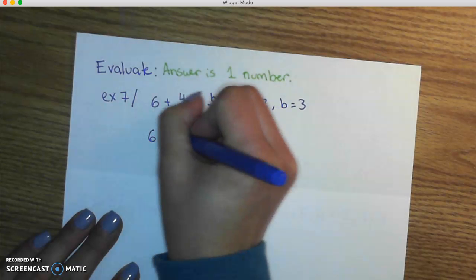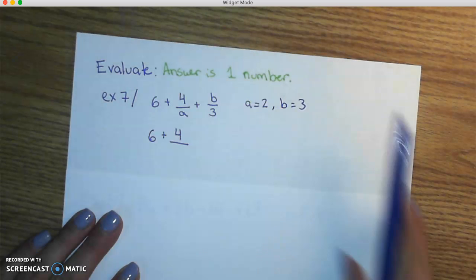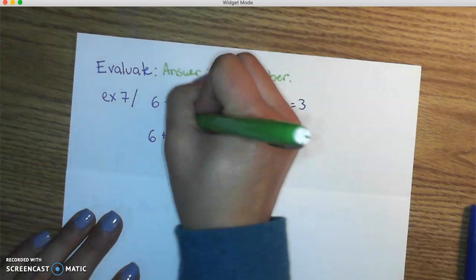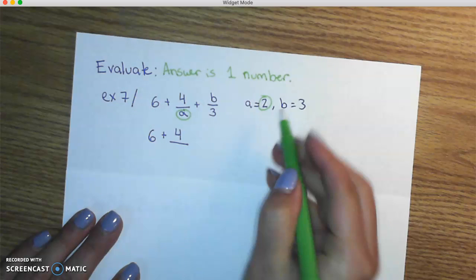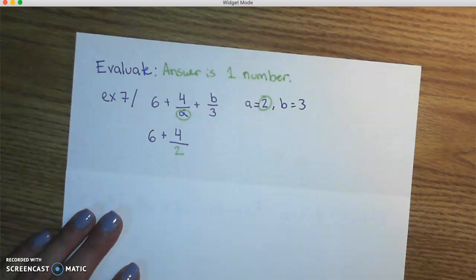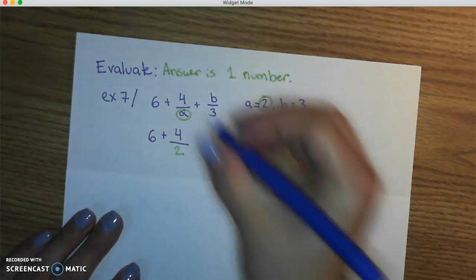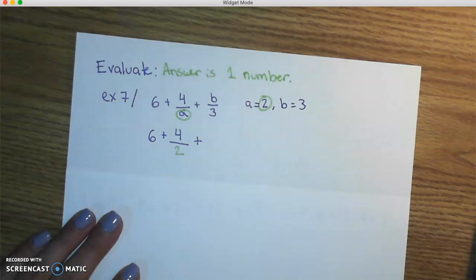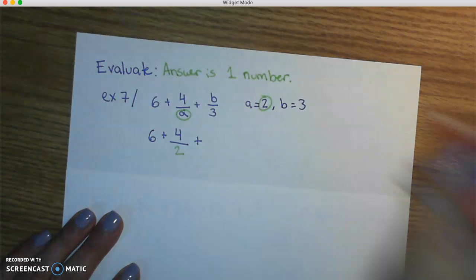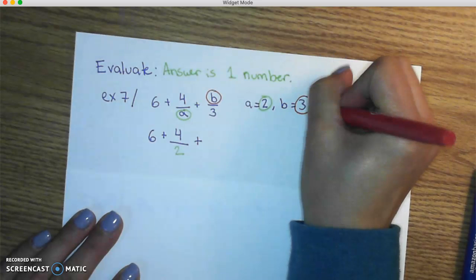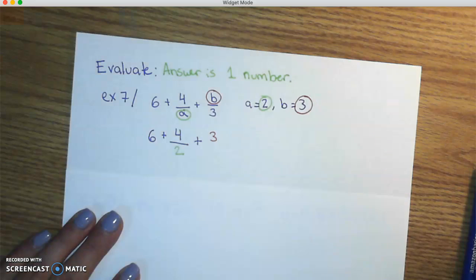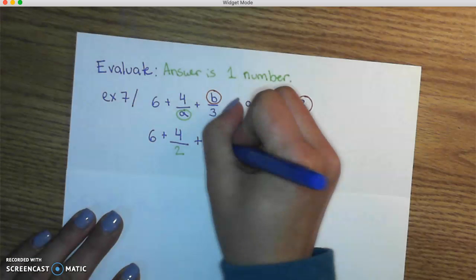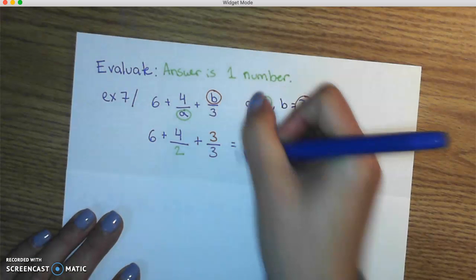So it's going to look like this. 6 plus 4 divided by a. A equals 2, so I'm going to substitute 2. Plus b, what does b equal? 3. So I'm going to substitute 3 divided by 3. Now I can do this.